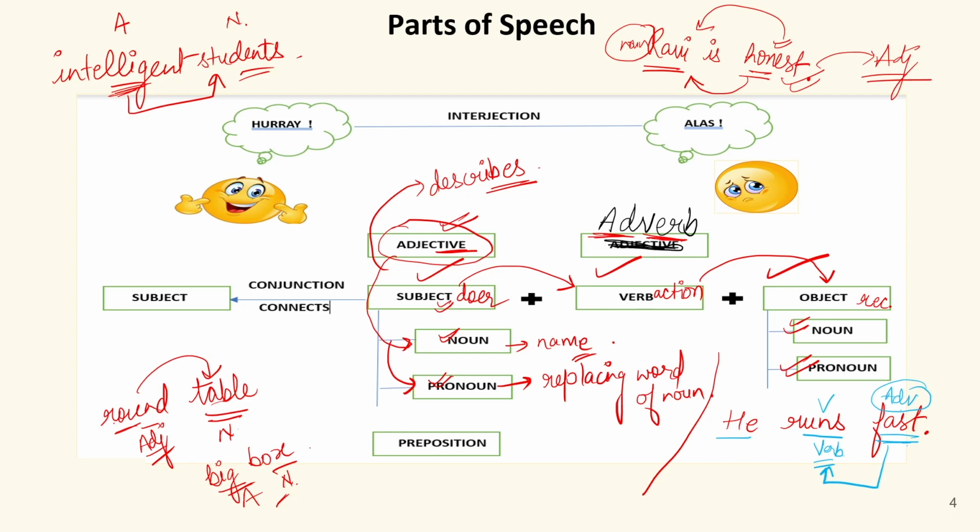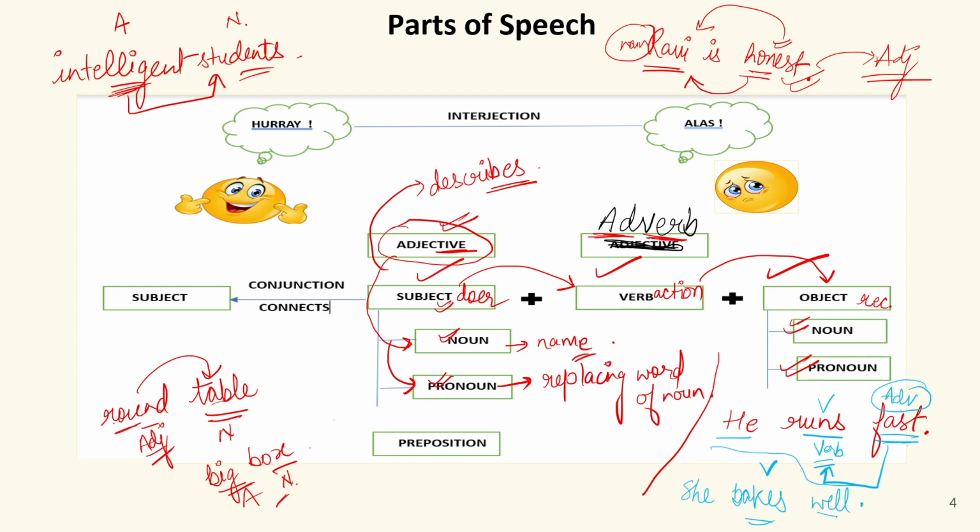Now, if I say she bakes well. Now, bakes is an action over here. That means it is a verb. And how does she bake?